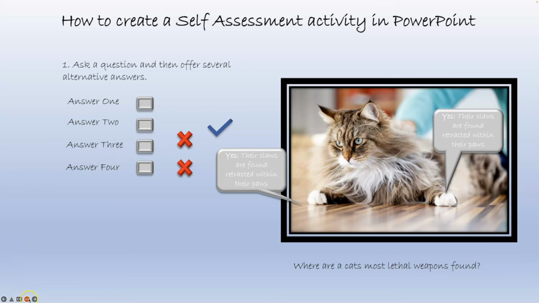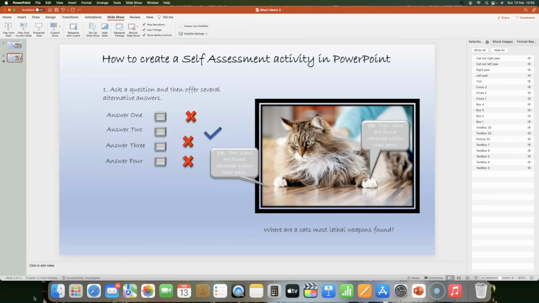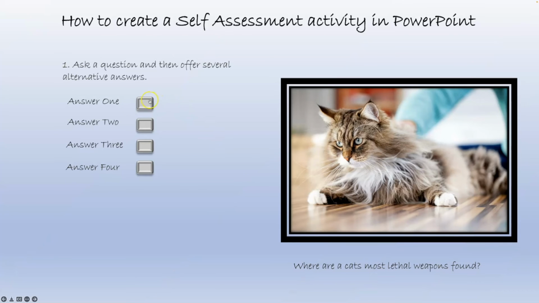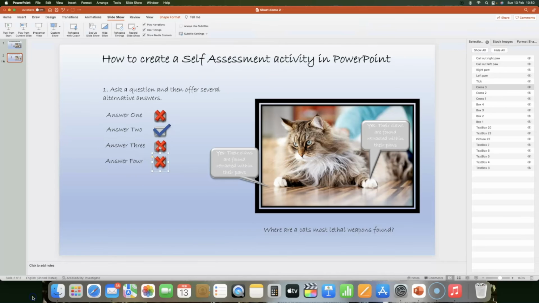So now I go back and put these where I want them to appear when the learner selects the box. I'll just quickly show you. Now, perfect. So that's how you set up the animations.